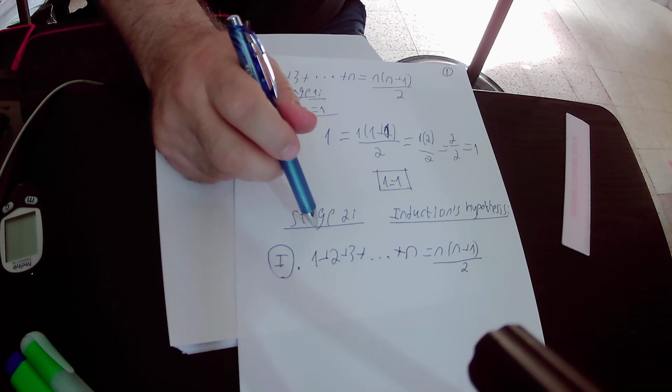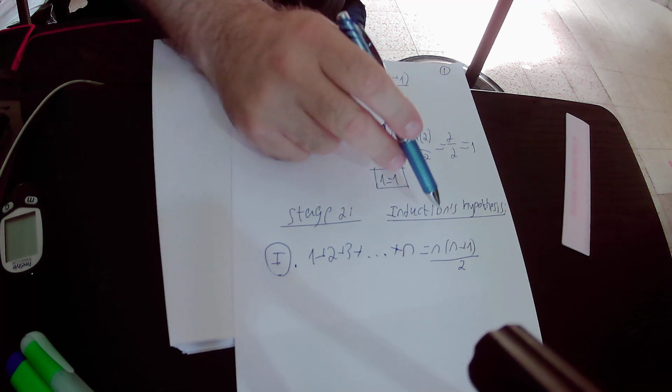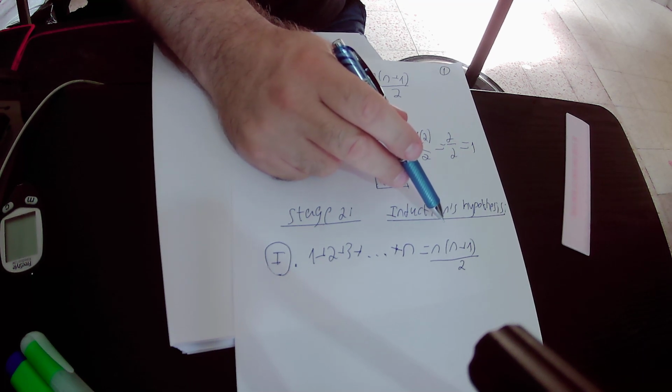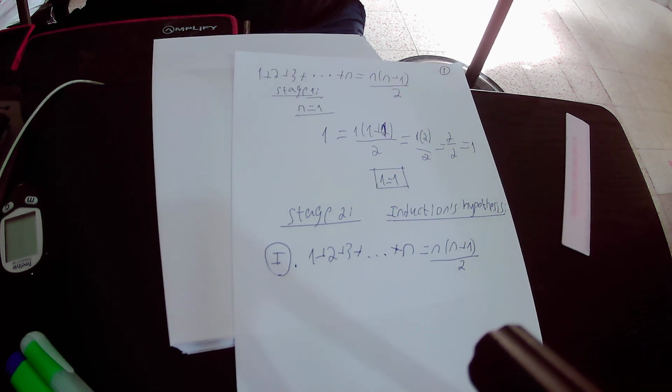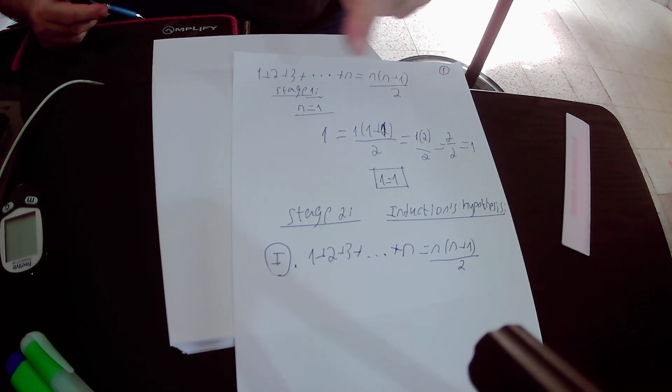That is to say, 1 plus 2 plus 3 plus ... plus n equals n times n plus 1 divided by 2.